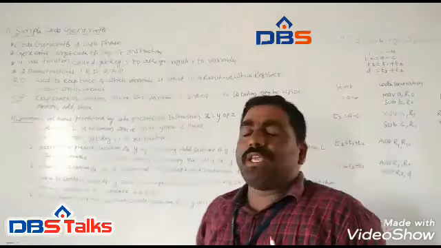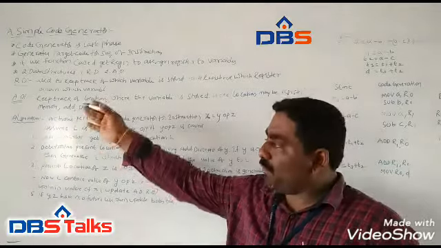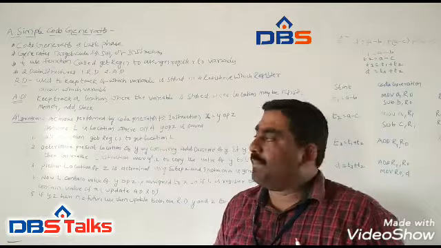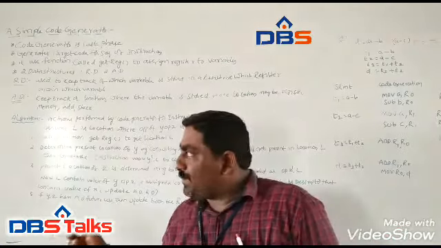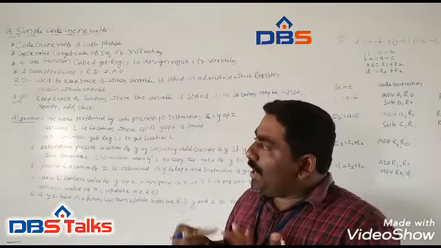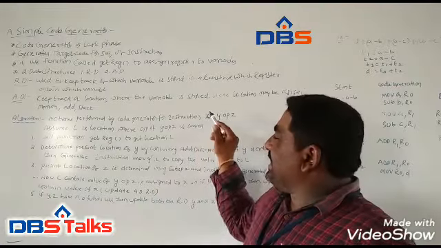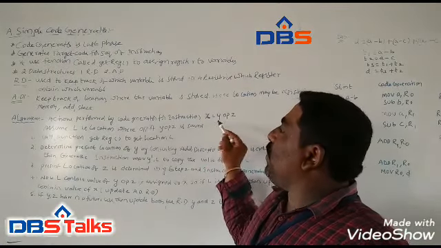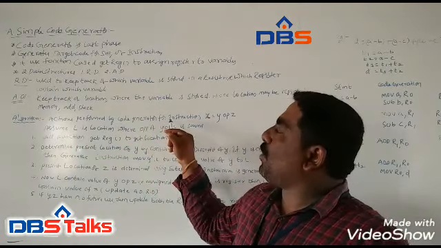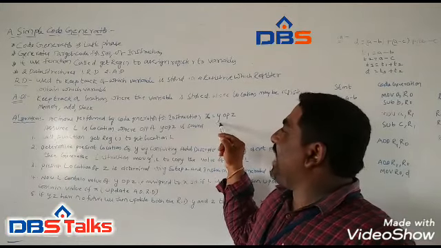Coming to the algorithm of the simple code generator, we have totally 5 steps for generating the simple code generator. Before going to the 5 steps, first of all, we take one instruction as x = y OP z.